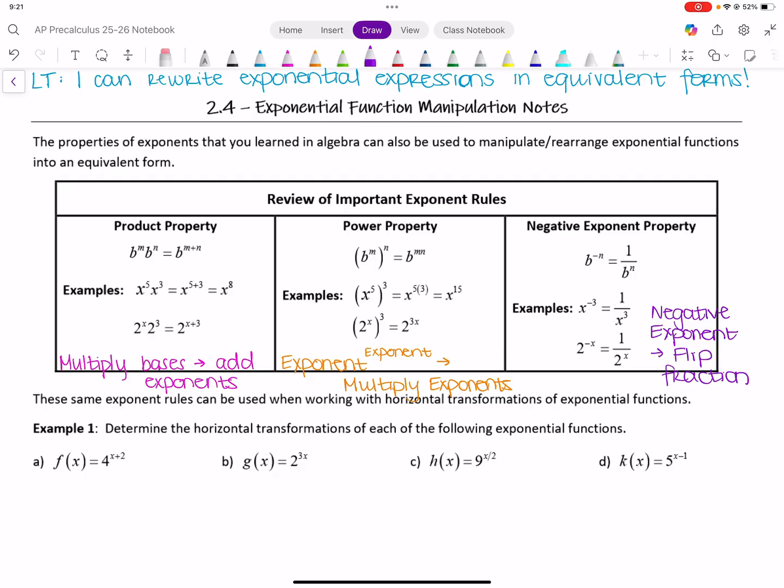And then also with our product property, if we have a quotient property, if we are dividing bases, then we would subtract our exponents. So now let's look at a couple of examples.